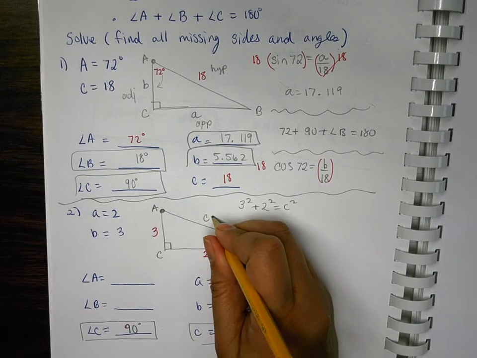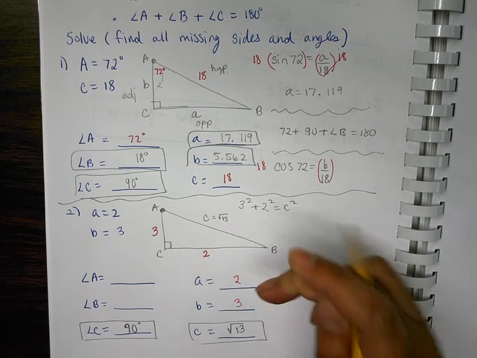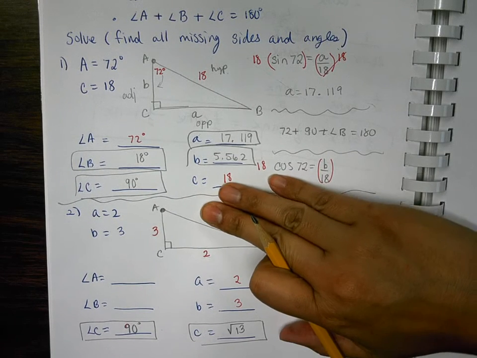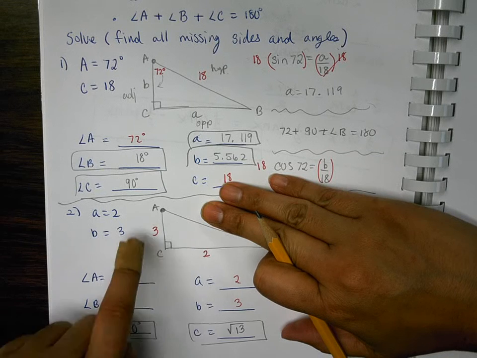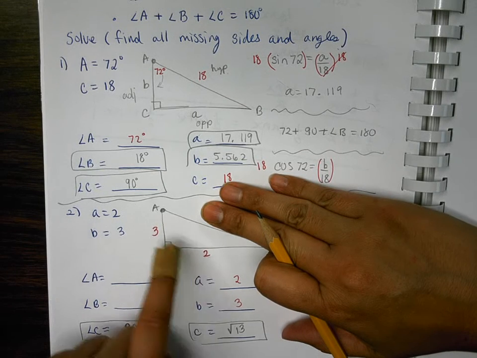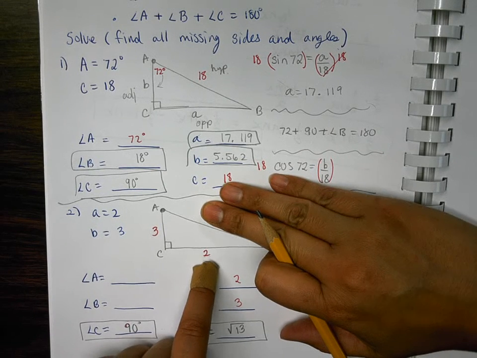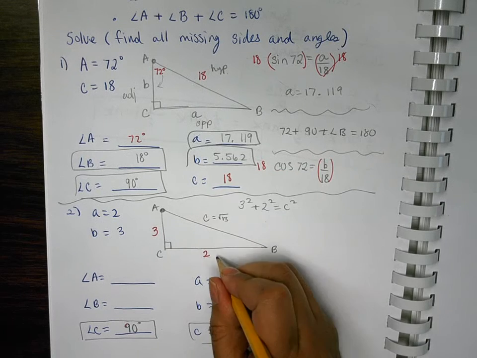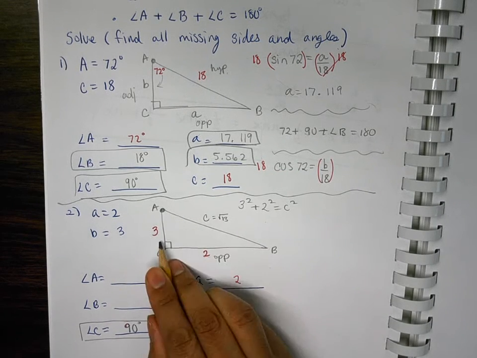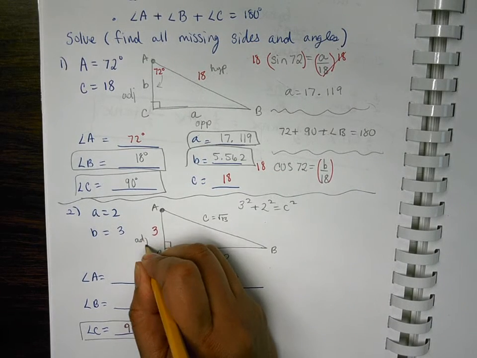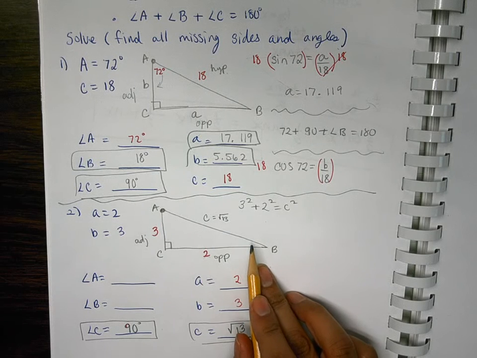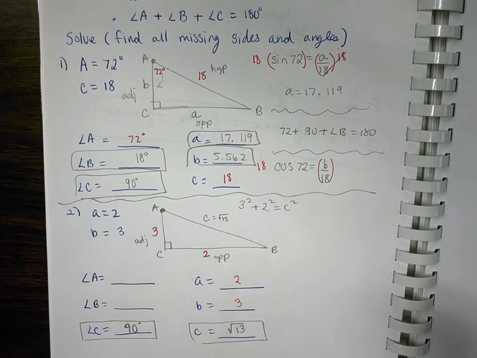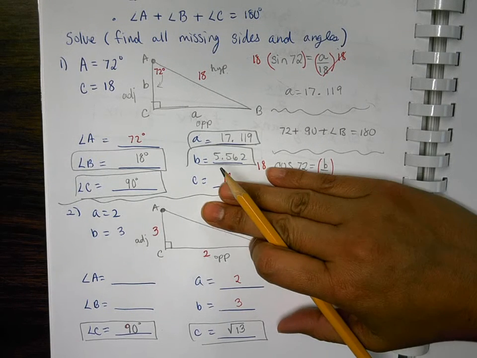Now, I could use the root 13, but I'd rather not use decimals, so I'm not going to worry about the hypotenuse. In reference to angle A, what is side 2? Opposite or adjacent? And what is 3? And the hypotenuse is root 13, but I'd rather not use a radical, so I'm just going to ignore it.